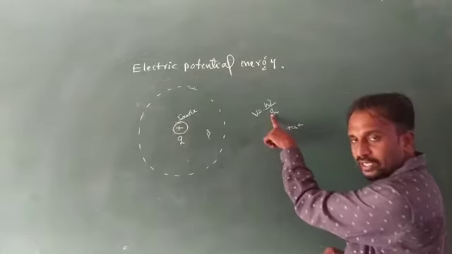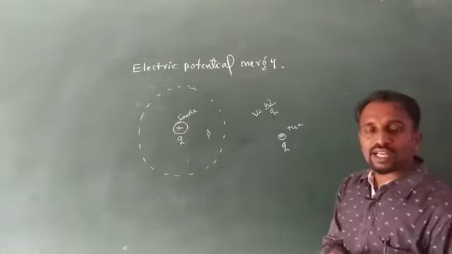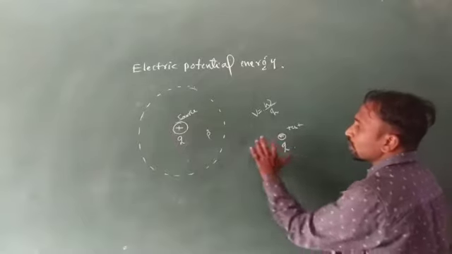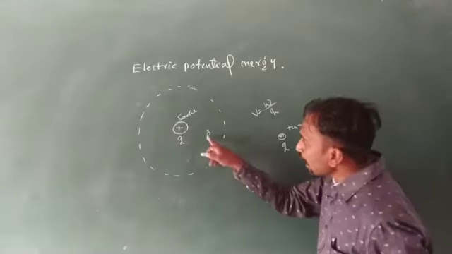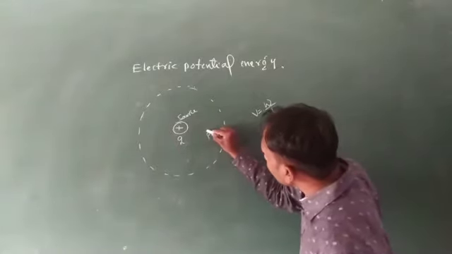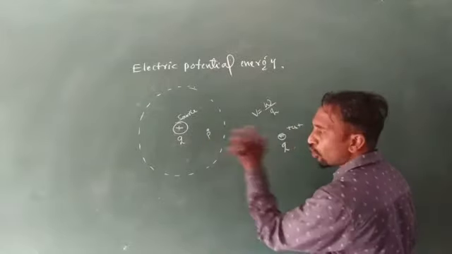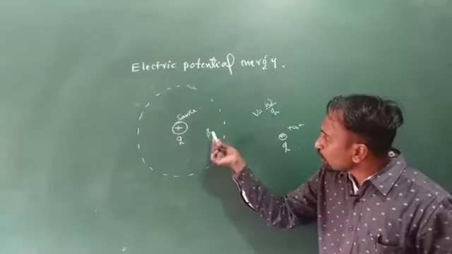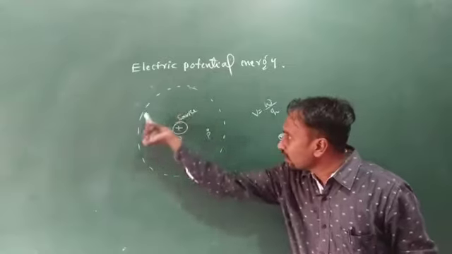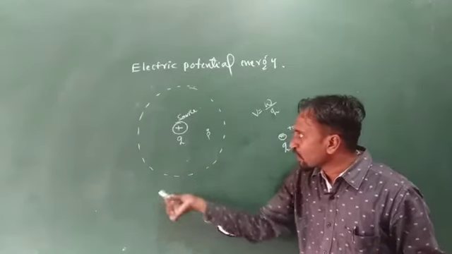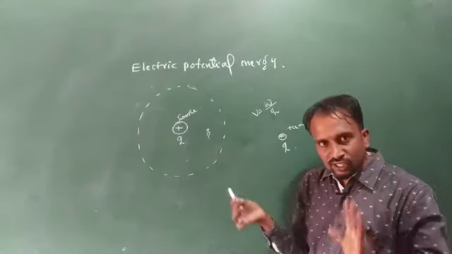Now the definition of electric potential: we want to calculate electric potential at a point in an electric field. This point is already present in the electric field.